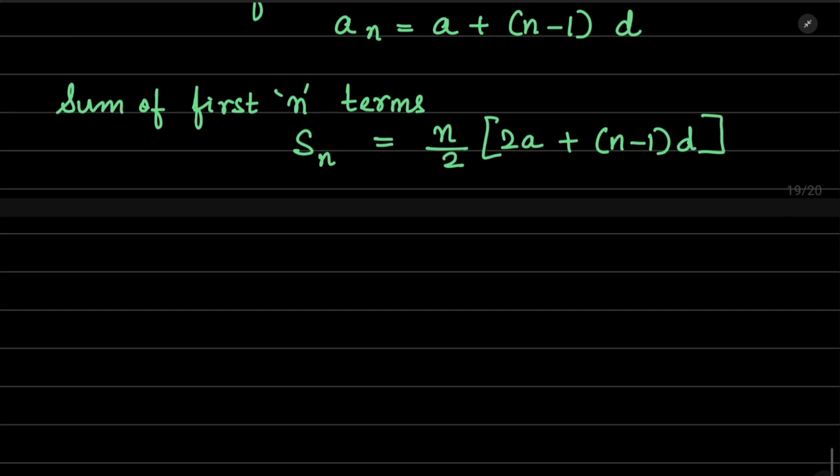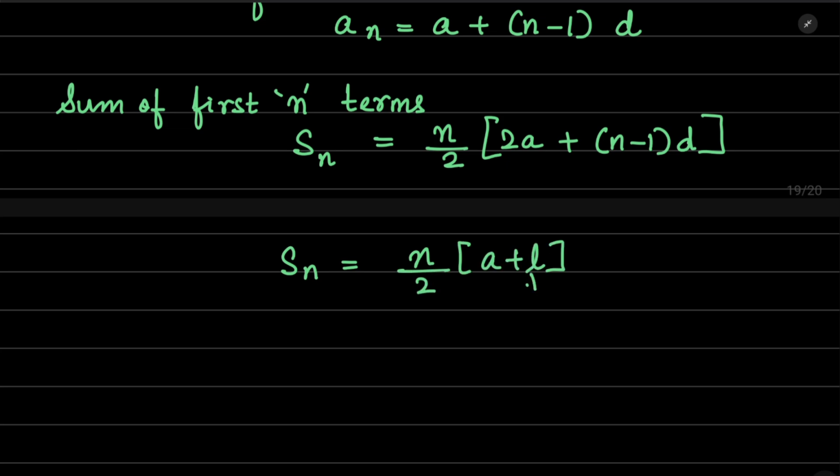And there is another formula, in case the last term is given. 2a can be split as a plus a, and what is a plus n minus 1 into d? It is nothing but your an, and an is nothing but your last term, so it is n by 2 into a plus l.